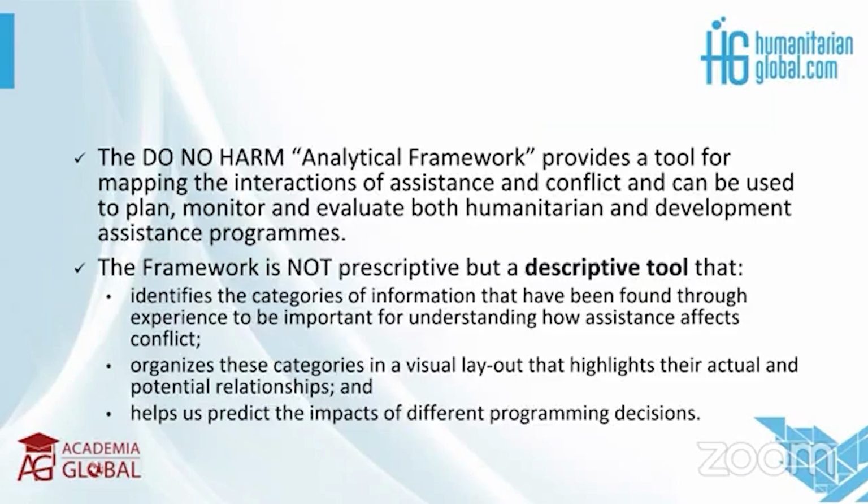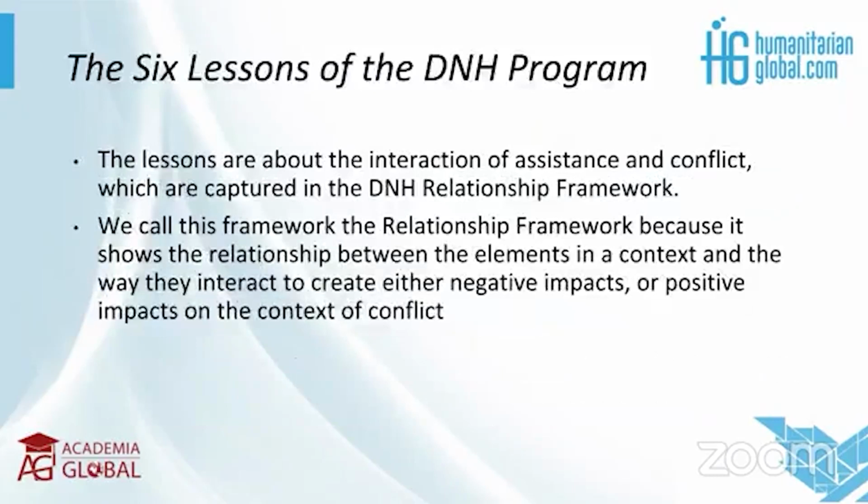Then we will organize these categories in a visual layout, which we'll see at the end, that highlights their actual and potential relationships. From there, we'll predict the impact of the different decisions that we have, and therefore we'll have the options. So we'll see the visual at the end after we've gone through the lessons and the steps in the next couple of minutes.